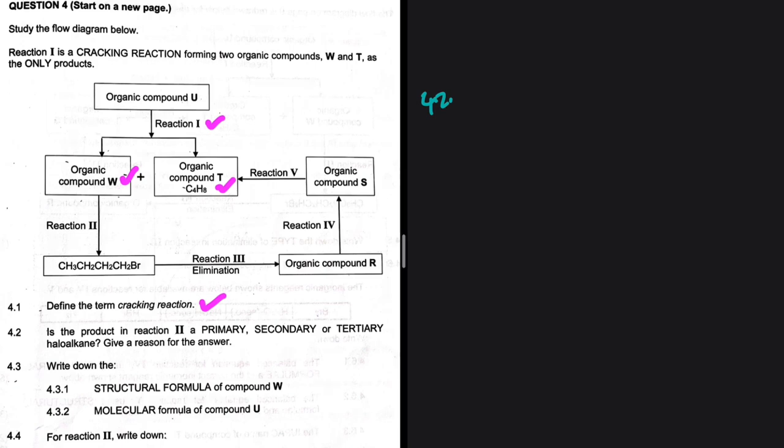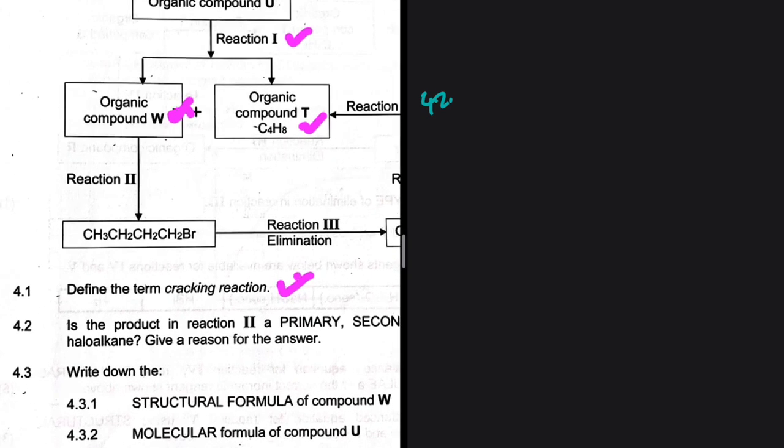Is the product in reaction 2 a primary, secondary, or tertiary haloalkane? So this is reaction 2, and we can see the product in reaction 2 here.